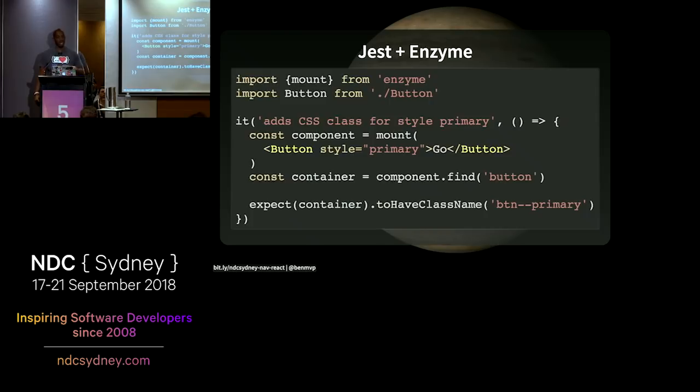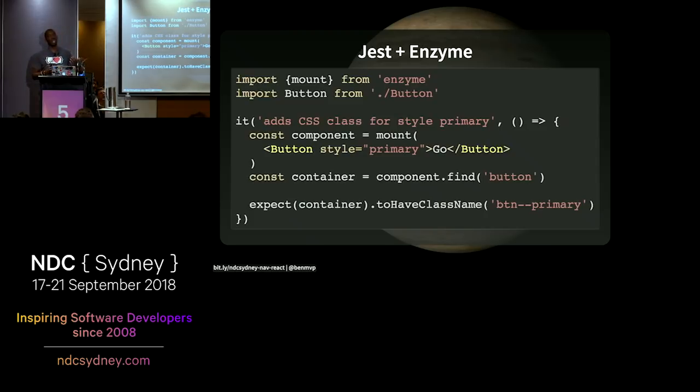So in this case, when we pass the style equals primary prop, we want to ensure that the class is there. Because when we're testing React components, we basically want to test whatever logic is in the components, but only via its public API. And the public API is basically the markup that's rendered or any callback functions that are called.